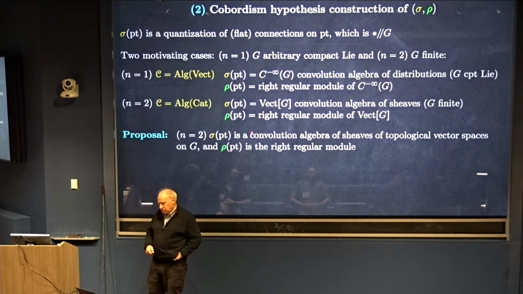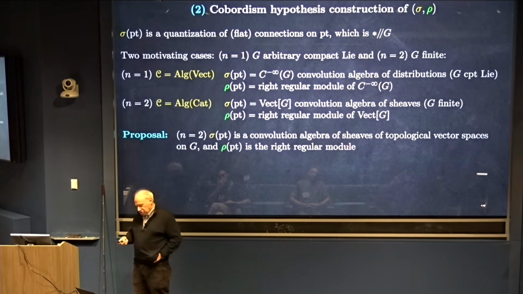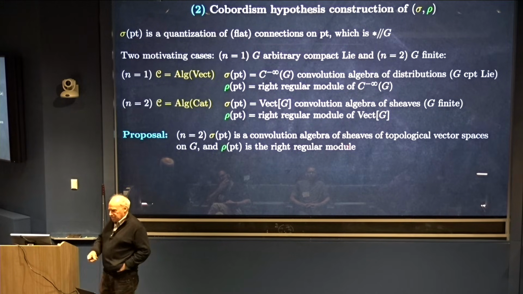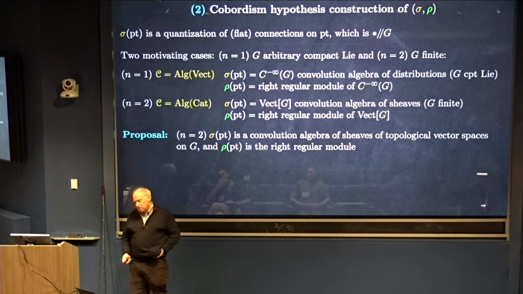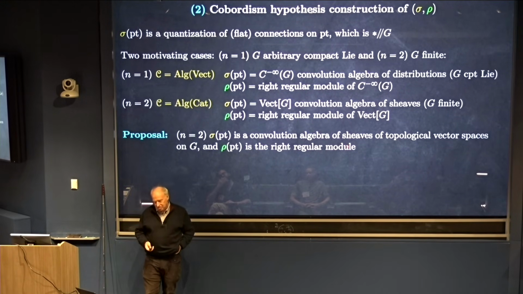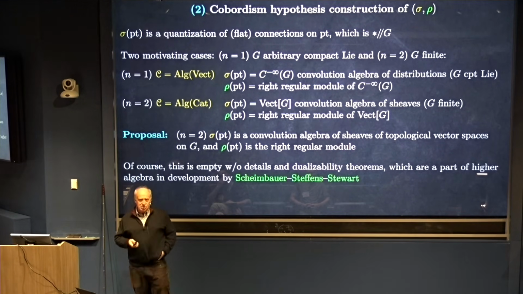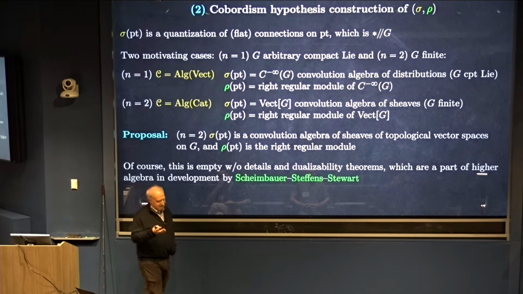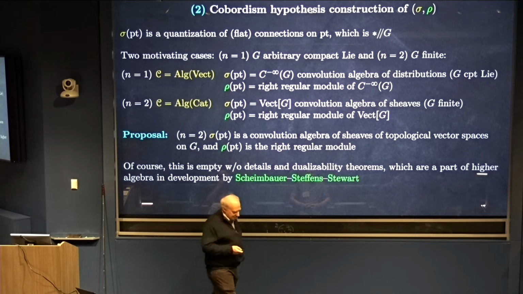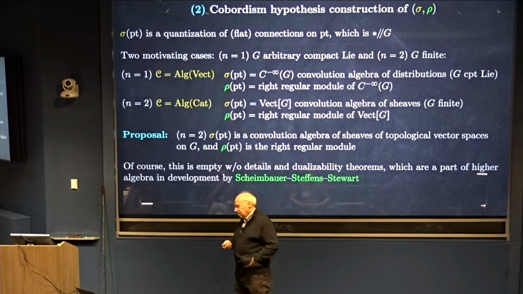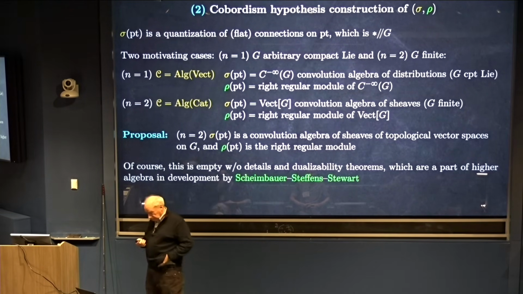And so again, we want to take a convolution algebra of sheaves, but now the sheaves have fibers that are topological vector spaces. And again, we can have the right regular module. So, as I said before, we need the underlying algebra to make sense of this proposal, and that's what's being developed.